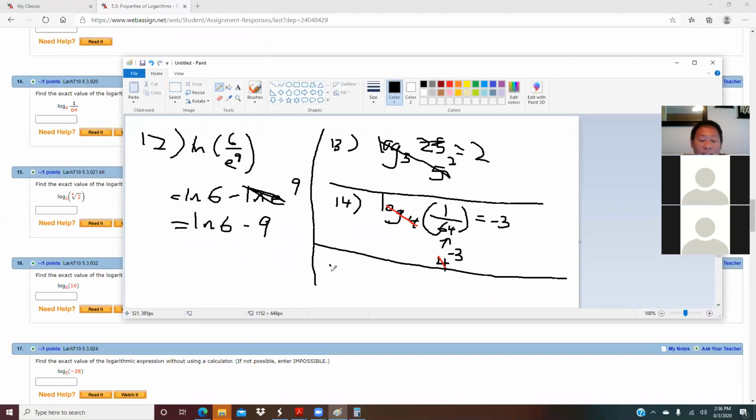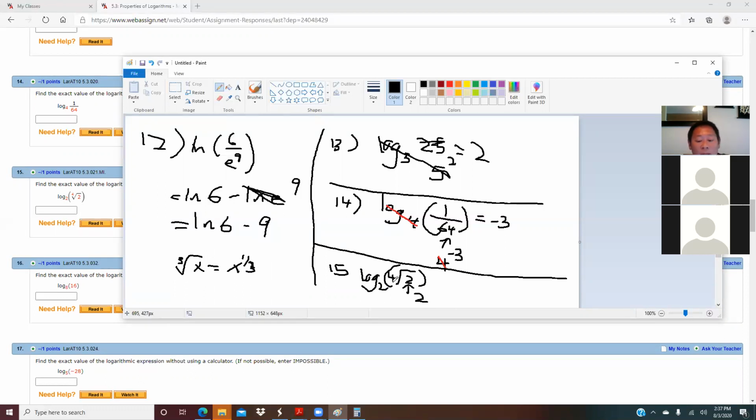And the last one I'm doing, 15, the rest you guys can do. What we're trying to do here is change this to the same base. So log base 2 of the 4th root of 2. Now, we can always write this as 2 to the power of what? Remember, if you have a square root of x, the power is 1/2. If you have a cube root of x, it's power 1/3.